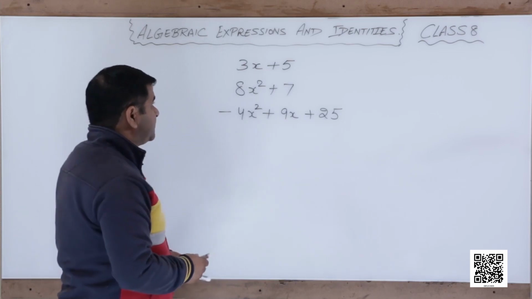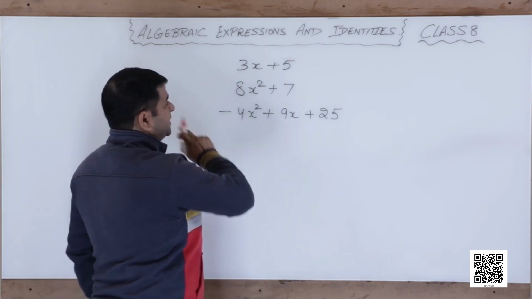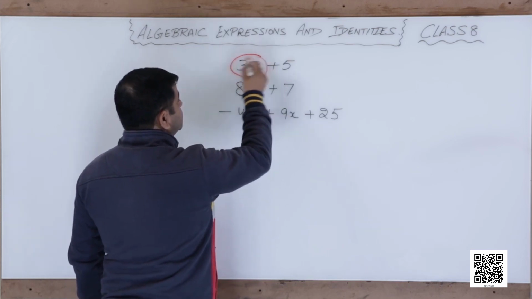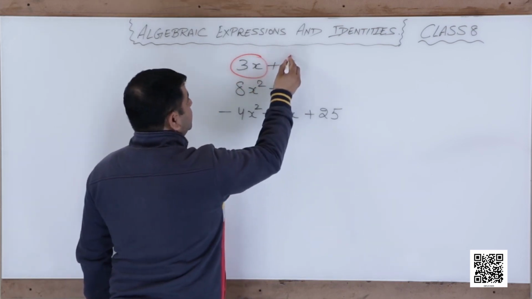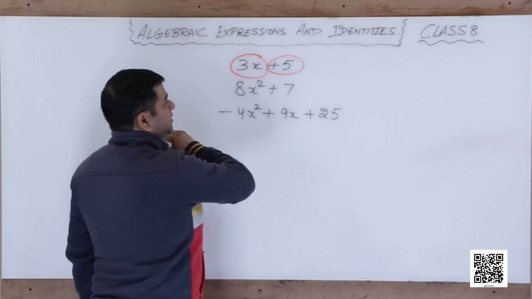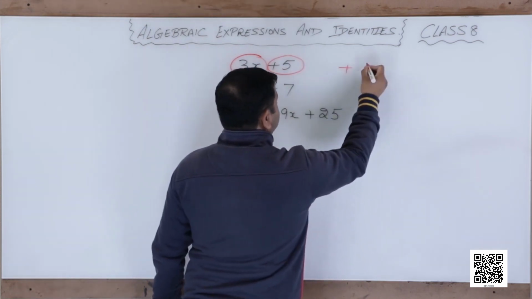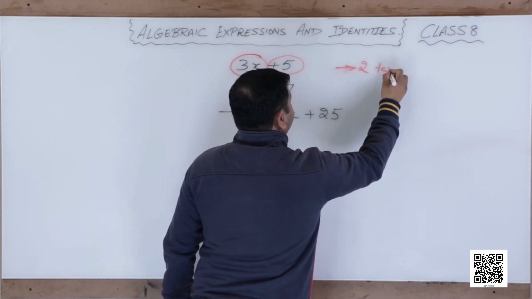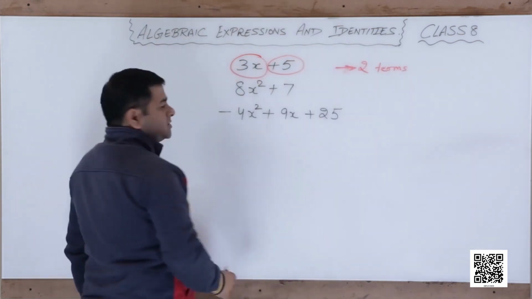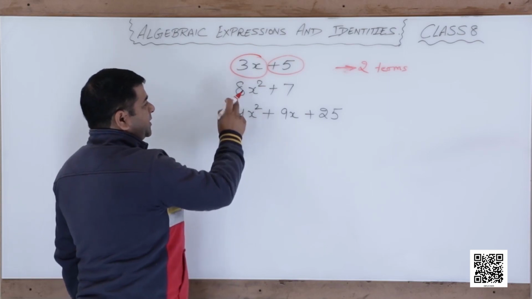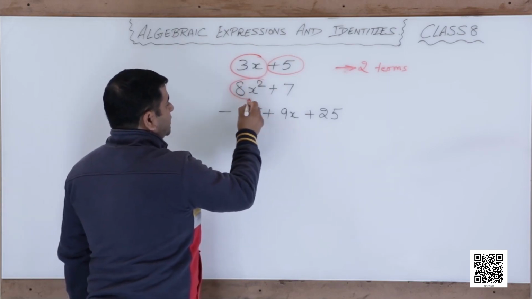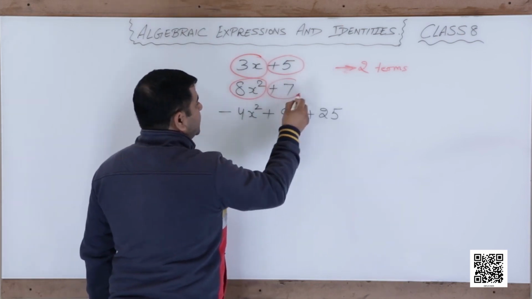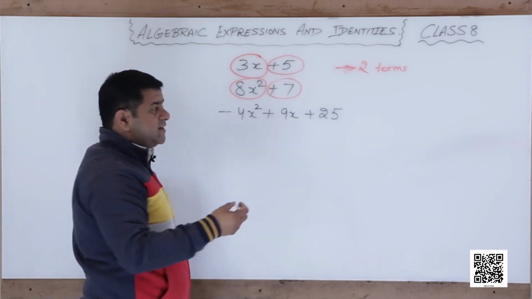As we can see, in the first algebraic expression, this is the first term 3x and this is the second term plus 5. So it has two terms. Similarly, in the second expression 8x square is the first term and plus 7 is the second term.